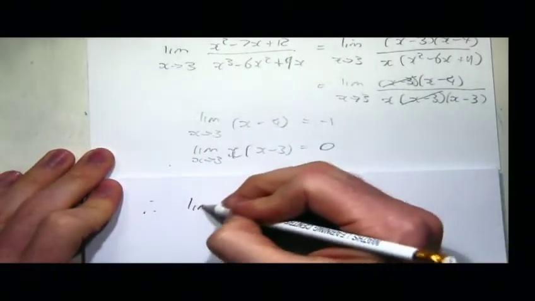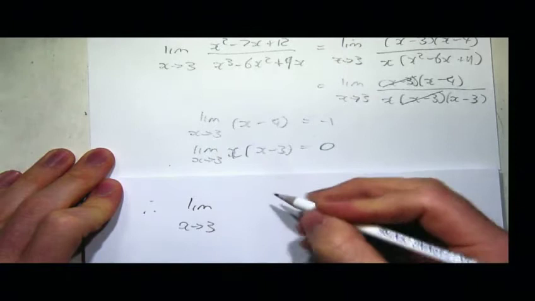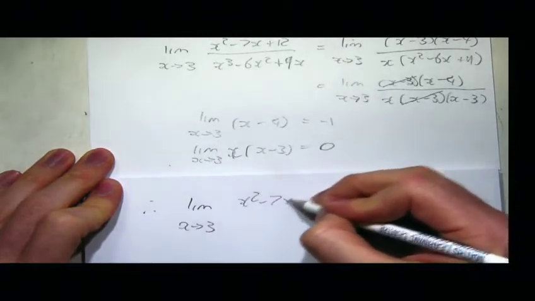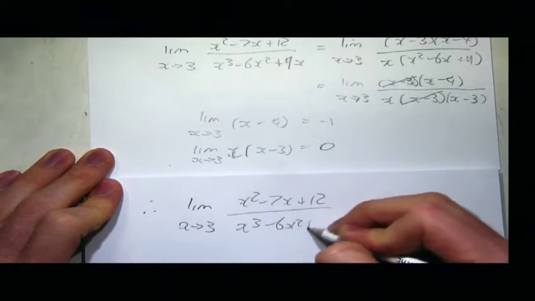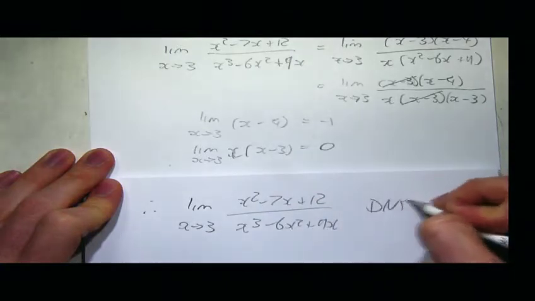So therefore the limit as x approaches 3 of whatever the original thing was does not exist. If the bottom hadn't come out to 0, then I would have just subbed it in and it would have been fine. Okay?